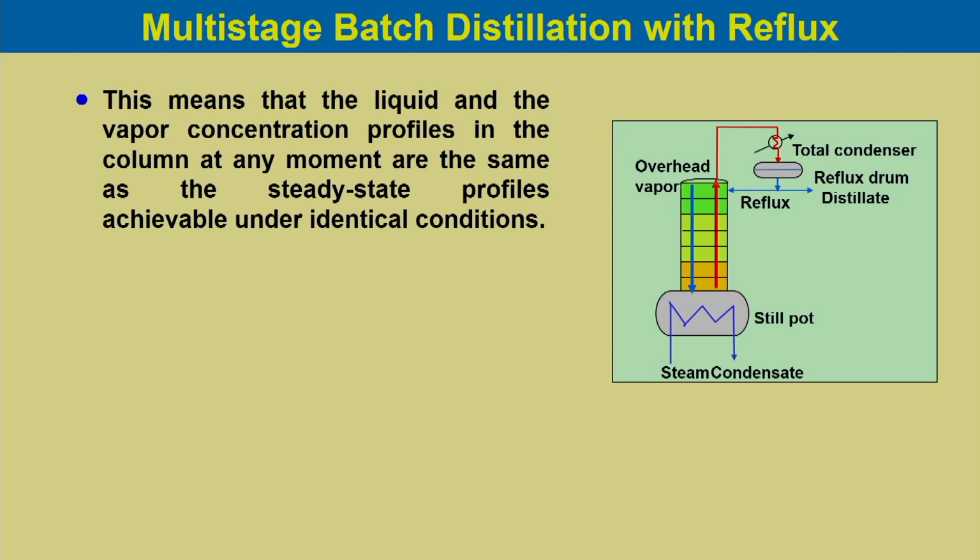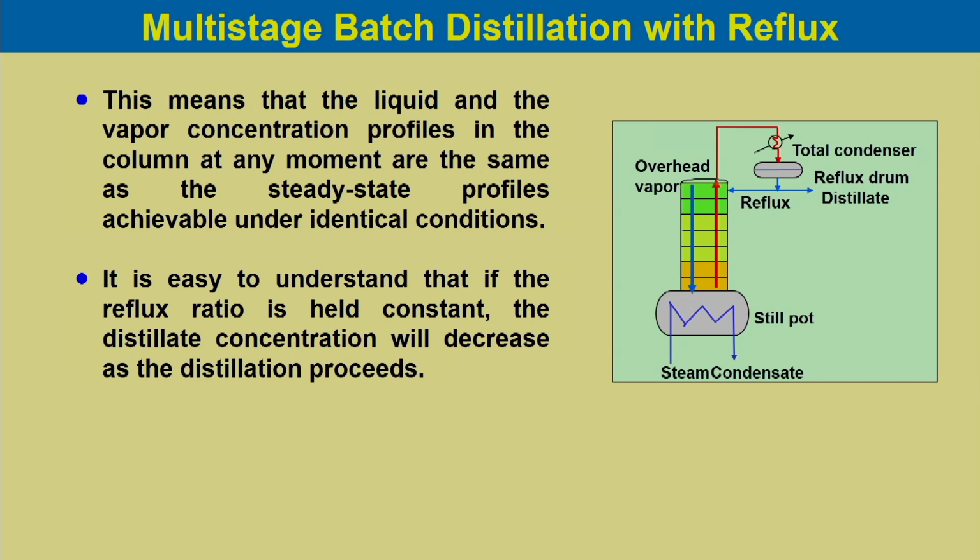It is easy to understand that if the reflux ratio is held constant, the distillate concentration will decrease as the distillation proceeds, because as you know, initially in a batch distillation column, when the still pot is heated with the mixture, the more volatile component will be much richer in the distillate.